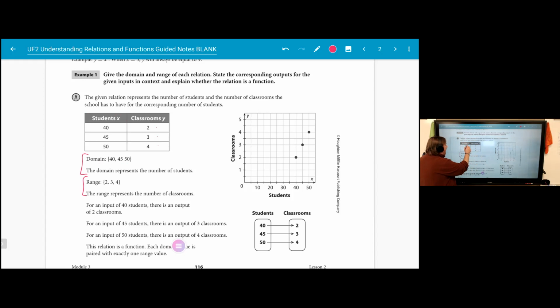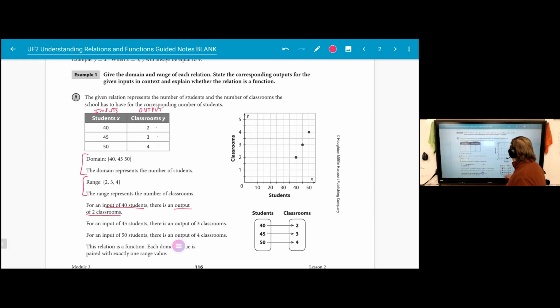If I input 40, again, because these are inputs, my output is 2. If I input 40 students, I output 2 classrooms. If I input 45 students, I get 3 classrooms. If I input 50, I get 4 classrooms.